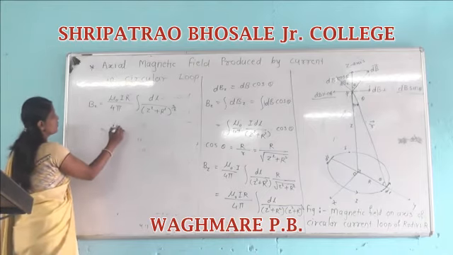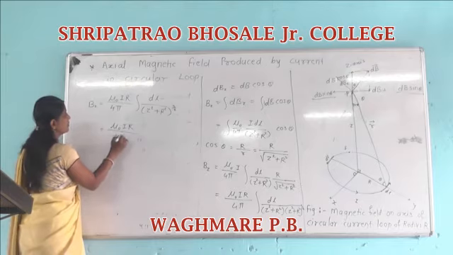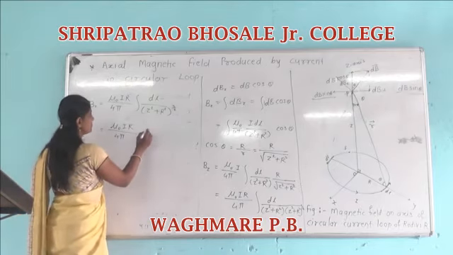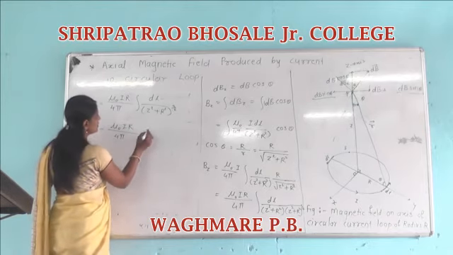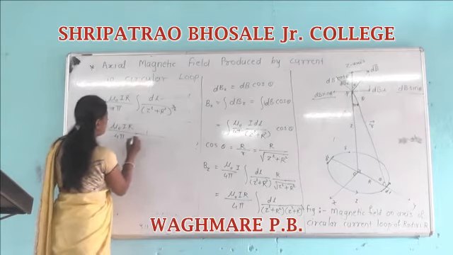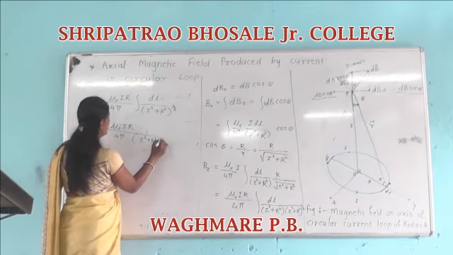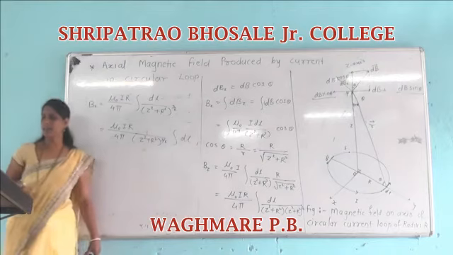Then we can take z square plus R square raised to 3 by 2 and the integration of dl.